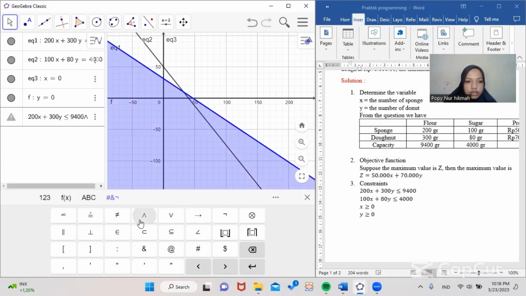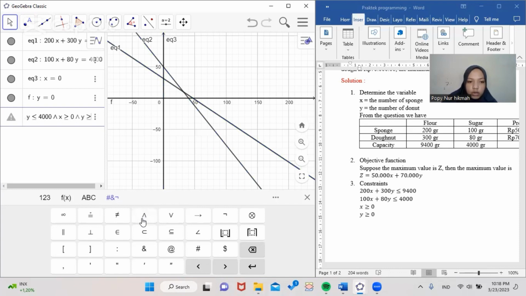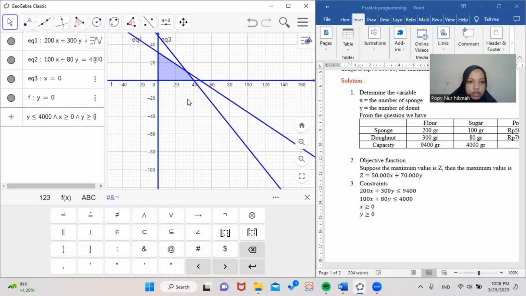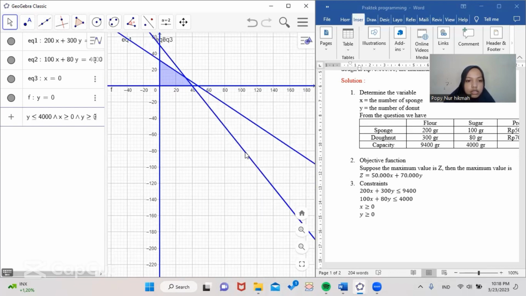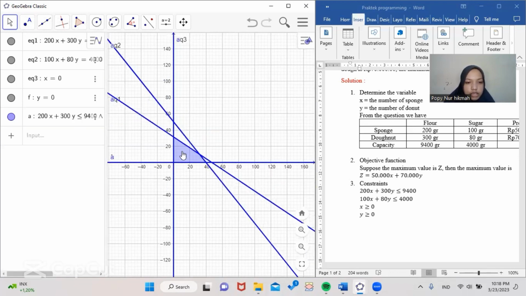We combine 100x plus 80y is less than or equal to 4,000. x is greater than or equal to 0 and y is greater than or equal to 0. As we can see at this Geogebra, this is the feasible area of the constraints.